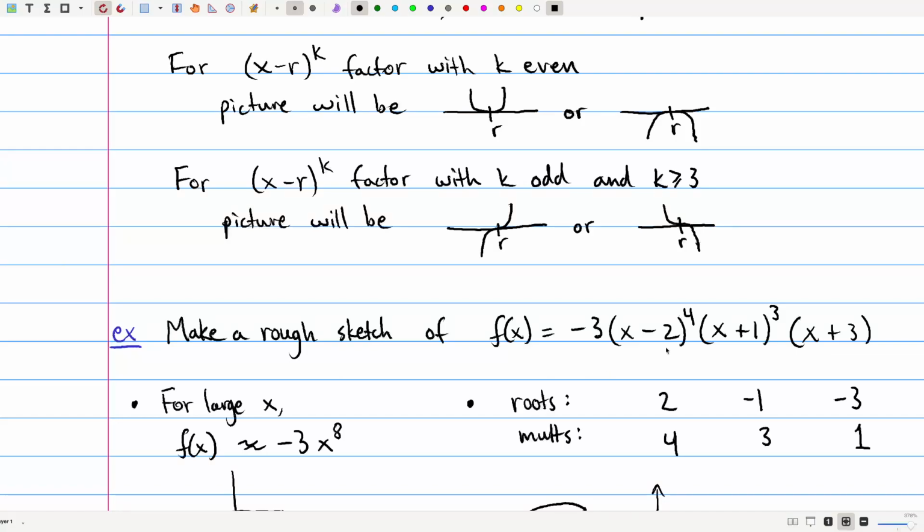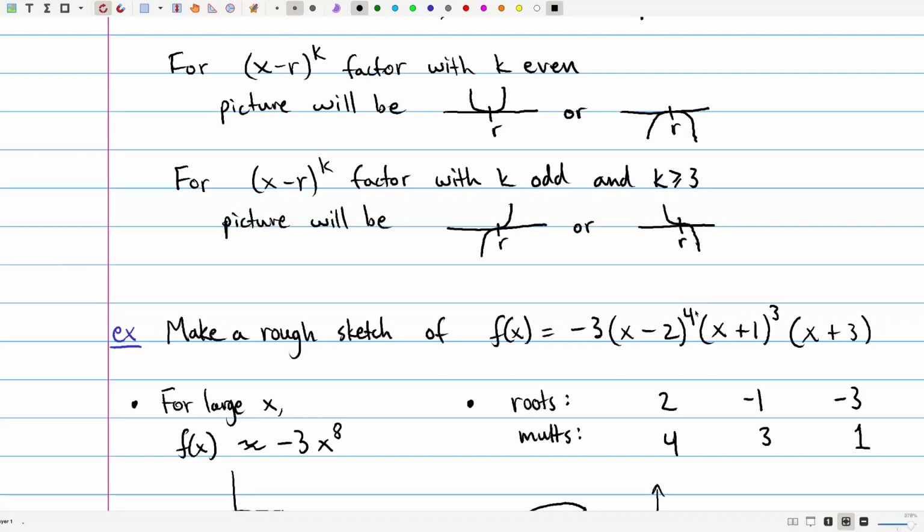And this is a little trick. When you want to figure out the leading coefficient, what you can do is disregard all of the constants in each of the linear factors. So this is -3 times x to the 4 times x cubed times x.